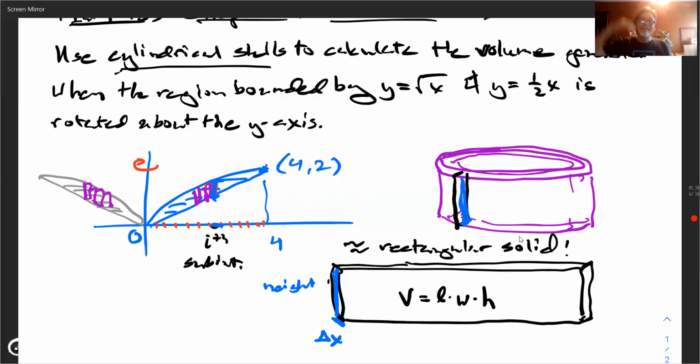In terms of x, it's the top curve minus the bottom curve. So for us, that is equal to radical x minus 1/2 x, like so. That's enough to boggle you: okay, delta x, and that's that.